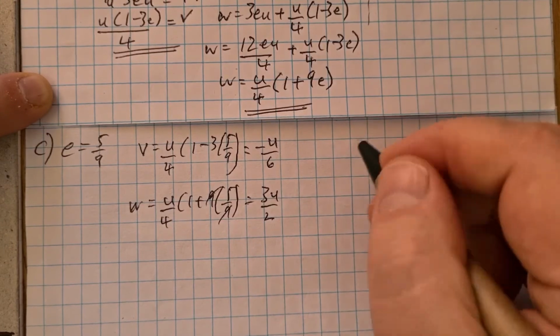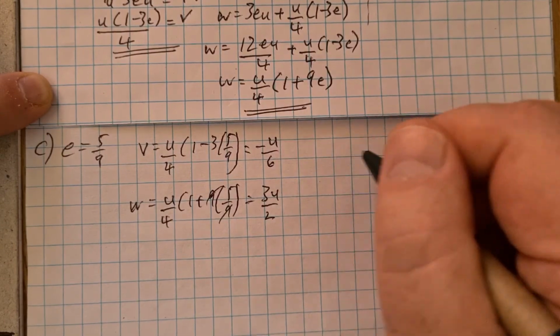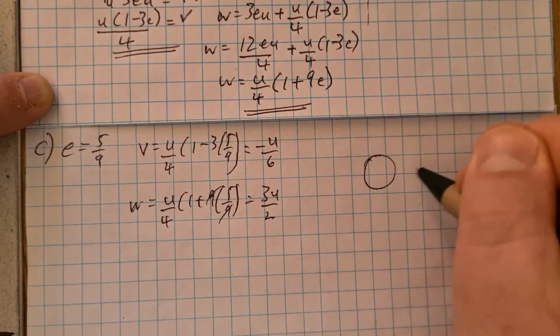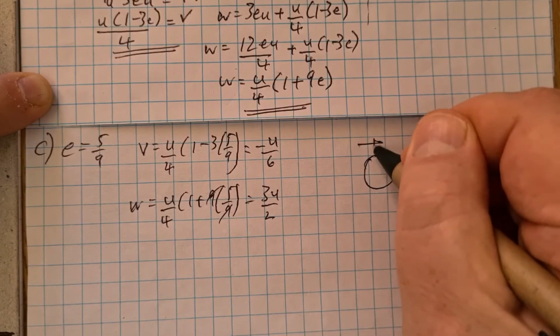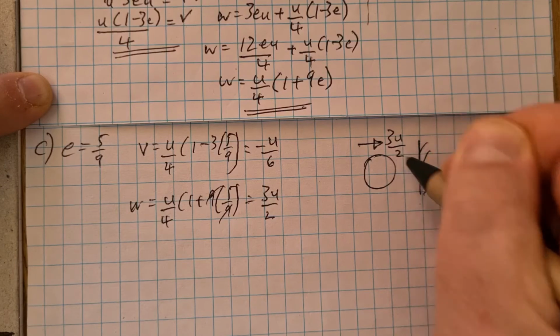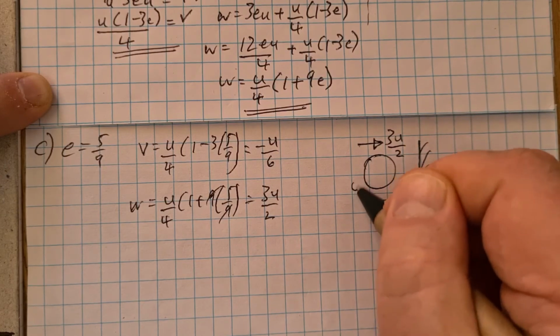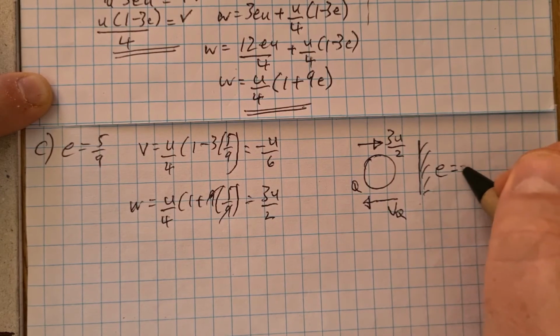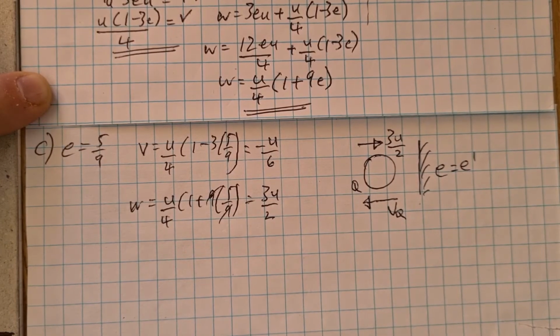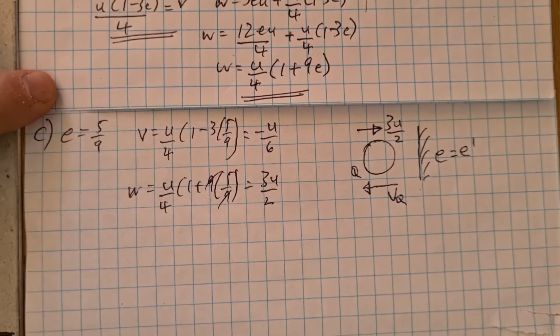So now we have those values, we can look at what's happening to q. So q is going into the collision with the vertical wall with a speed of 3u over 2, and it rebounds. If we call that the velocity of q, and we're told that e is that value there.